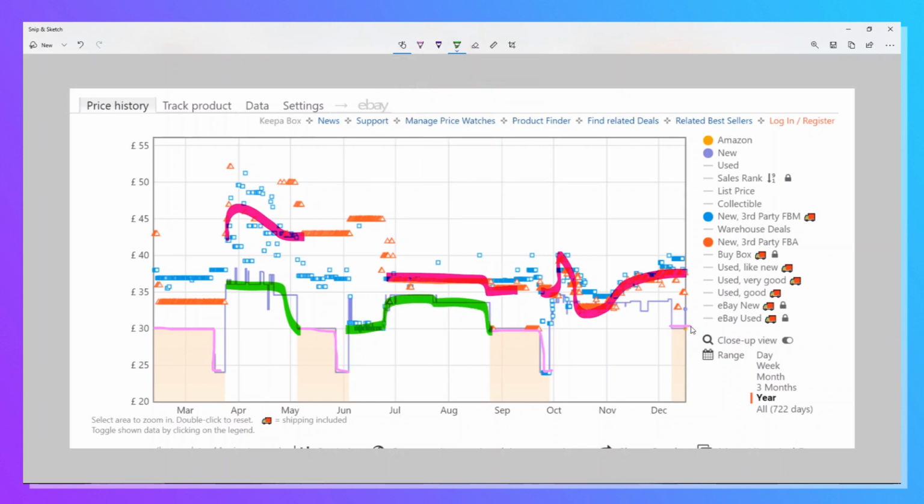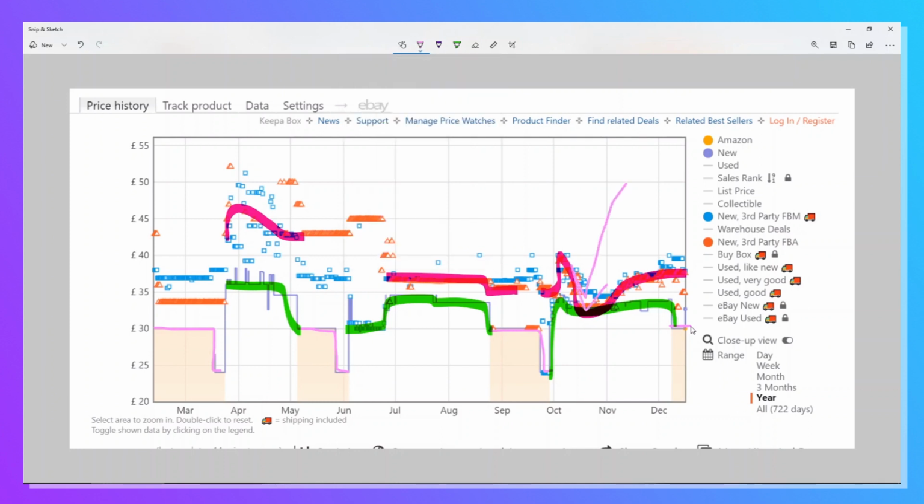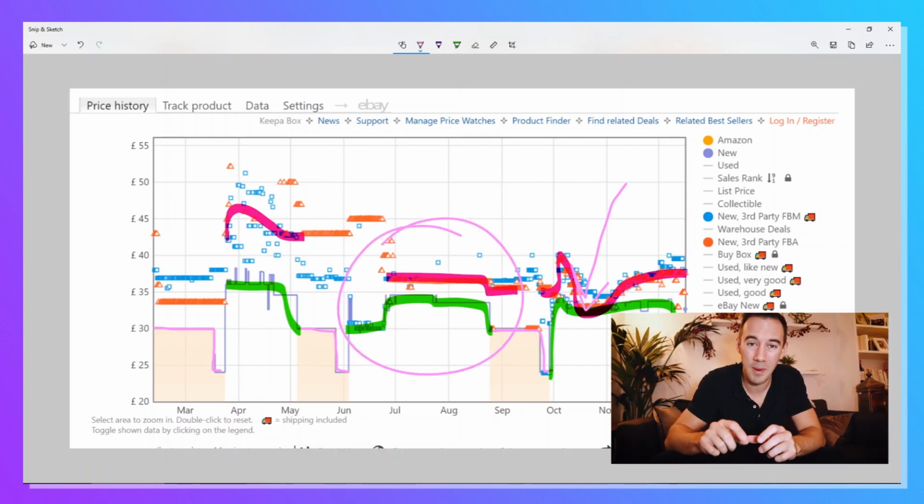This is down here. Now, the one thing I can definitely see is, if I try and draw it in, in this area here, we can definitely see that the buy box price, or the FBA price, is the same as the new price. So I'm pretty happy to say that is going to be the buy box price at that time. But I can also see this strange area in the middle, whereby the FBA price is not the same.